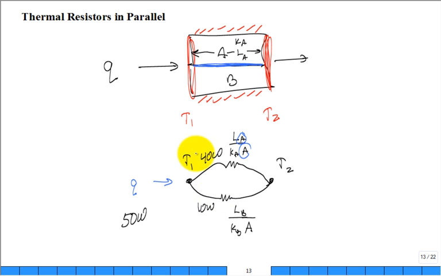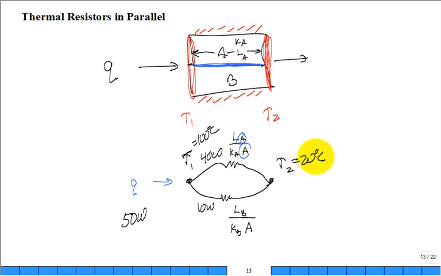But if the same two temperatures, maybe this is 100 degrees C and this is 20 degrees C, the same two temperatures drive the flow through the material on the top, A, and the material on the bottom, B. But material A may have better conductivity, higher thermal conductivity, so more watts go through there. And material B may have lower thermal conductivity.